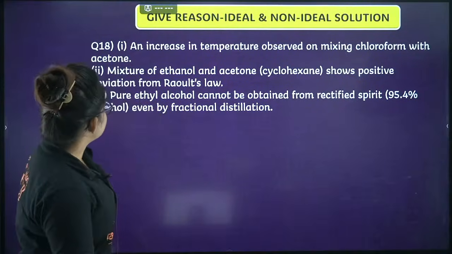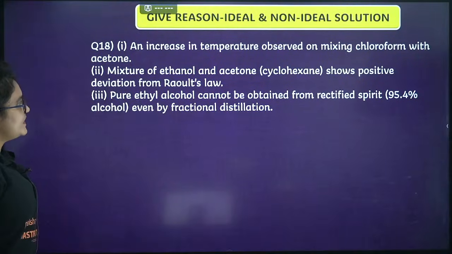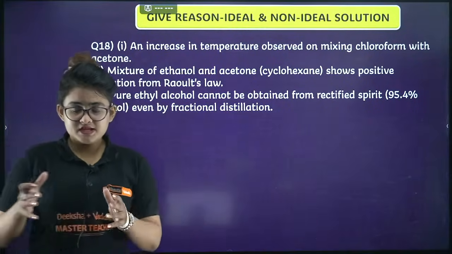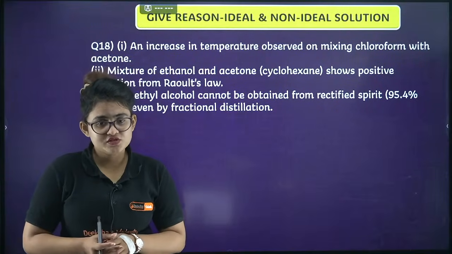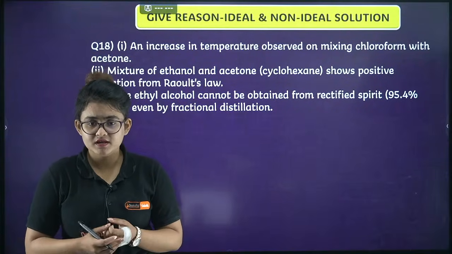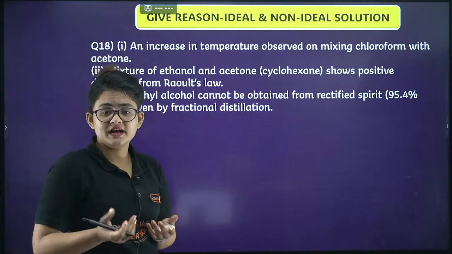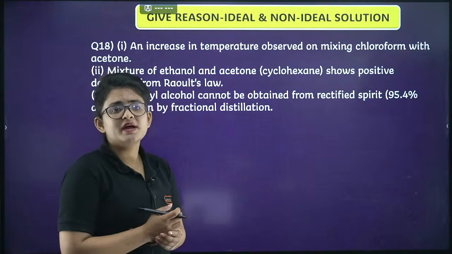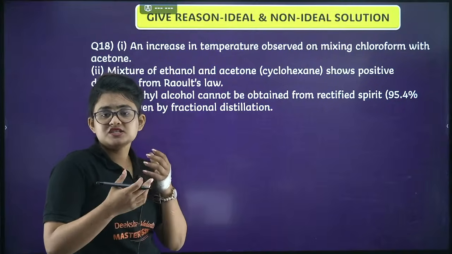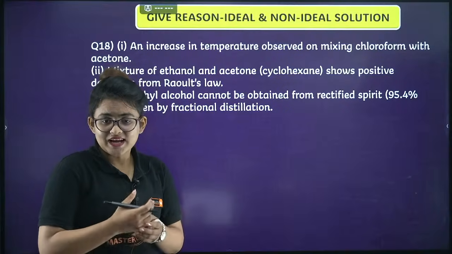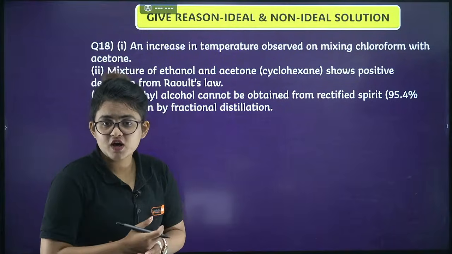Next, you can see an increase in temperature is observed on mixing chloroform with acetone. Whenever you mix chloroform with acetone, hydrogen bond will definitely form, right? Once it is formed, it means negative deviation, because the AB interaction will be more than the AA and BB interactions. That means it is a negative deviation from Raoult's law.